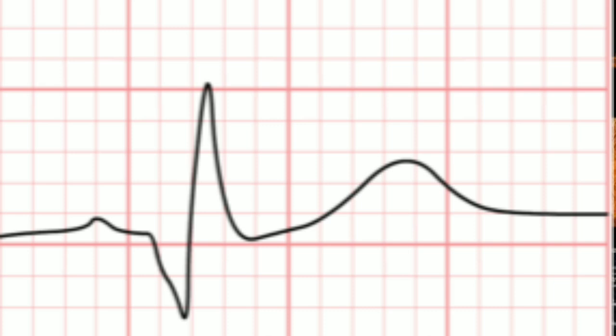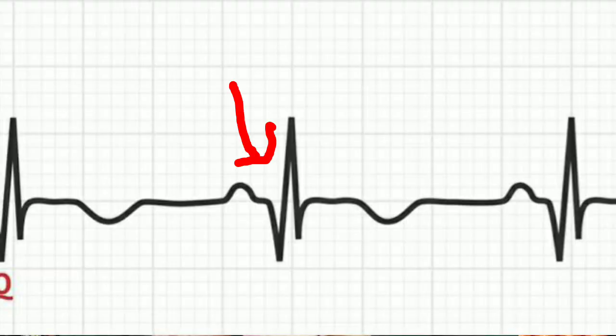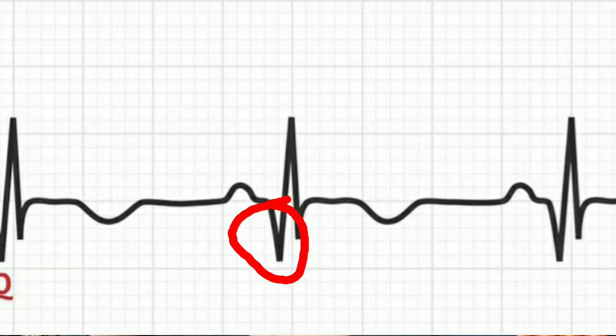But whenever there is an old MI, or someone has got myocardial infarction in the past, because most of these people are diabetic, sometimes they don't feel the pain because of neuropathy, and you find a Q wave which is deeper than 1 to 1.5 millimeter, or 1 small box to 1.5 small box, then this is known as the pathological Q wave.